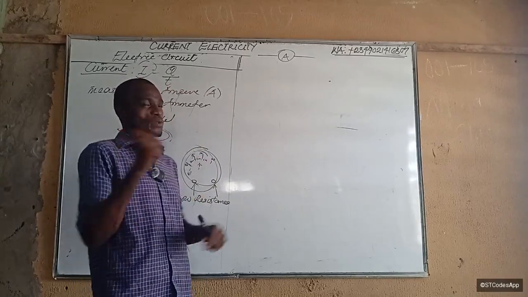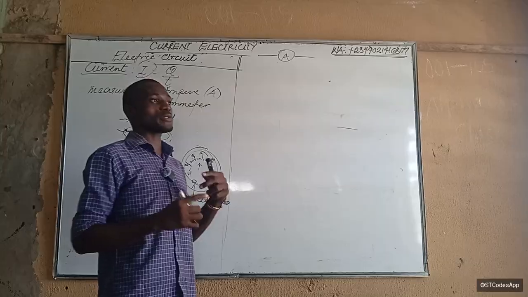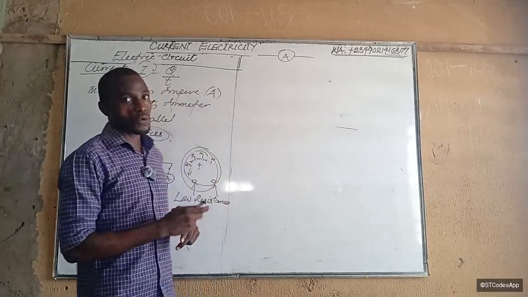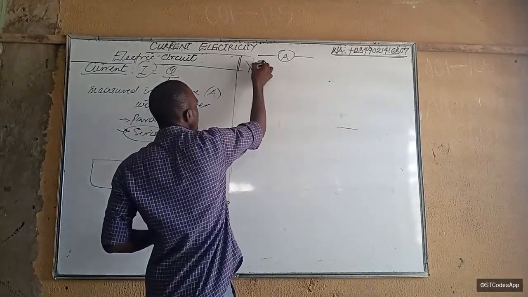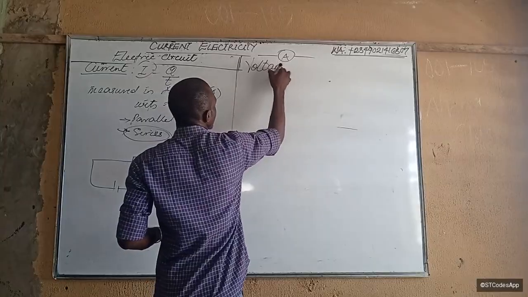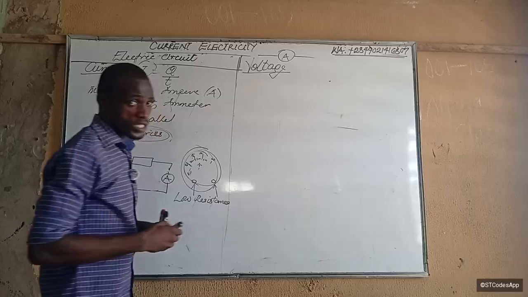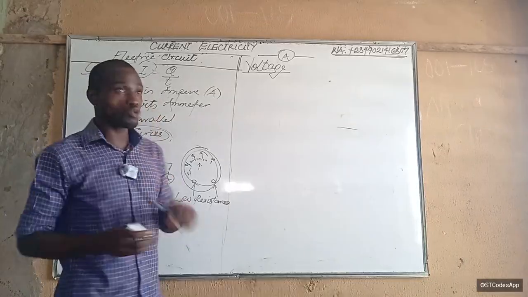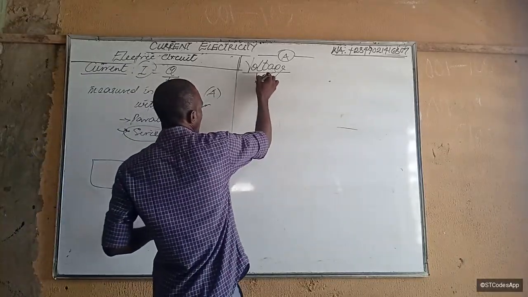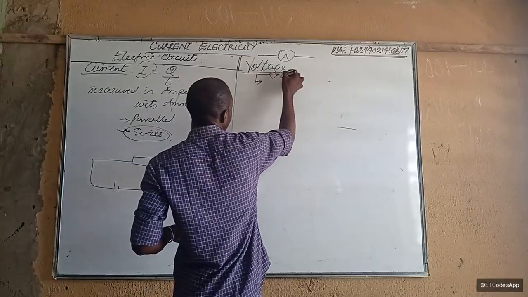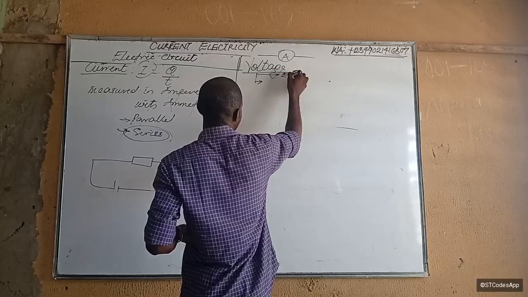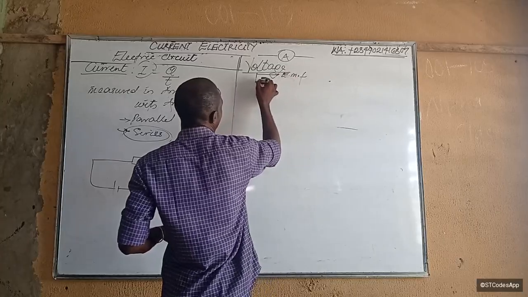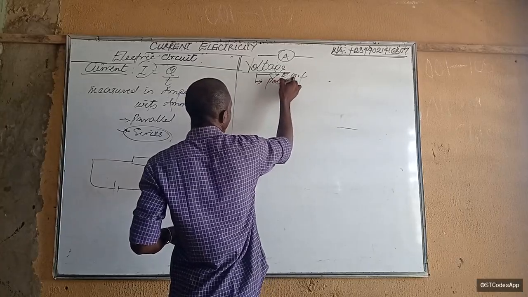Okay, but before we deal with Ohm's law, I'd like us to first deal with voltage. Okay, let's quickly talk about voltage. Now, what is voltage? Voltage is discussed with two expressions. We have the EMF and we have potential difference.